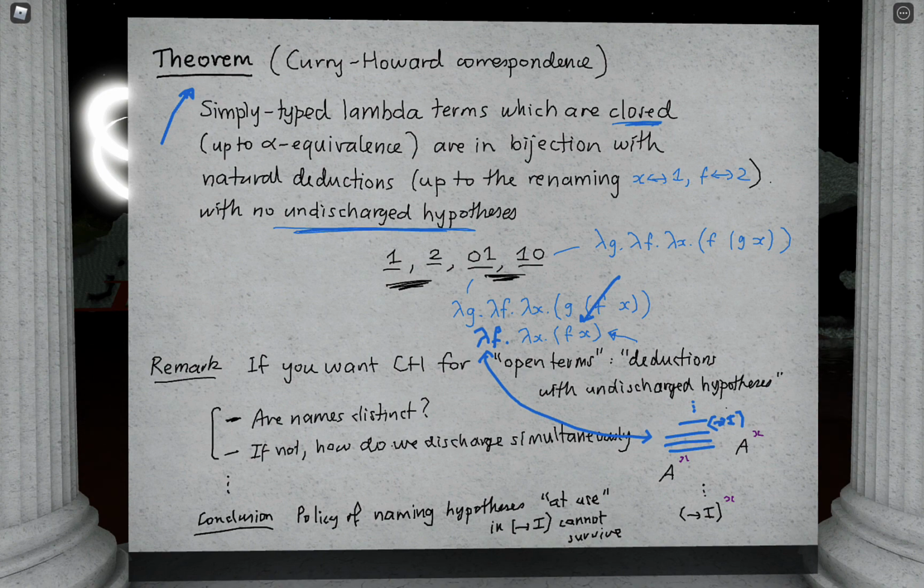The question is, what is the right policy for dealing with hypotheses? Should you name them at use, or when they're introduced? These choices sometimes in logic seem to happen in a vacuum where it's just a matter of taste. And I suppose you could take a very isolationist point of view and say that that's perfectly fine.